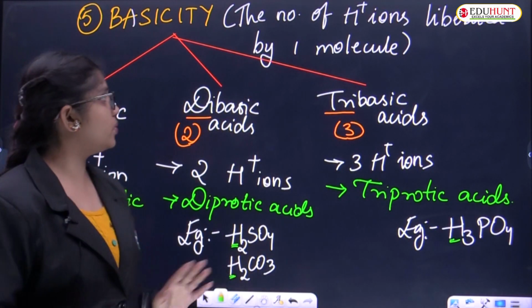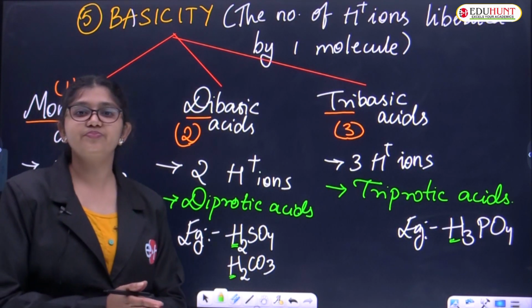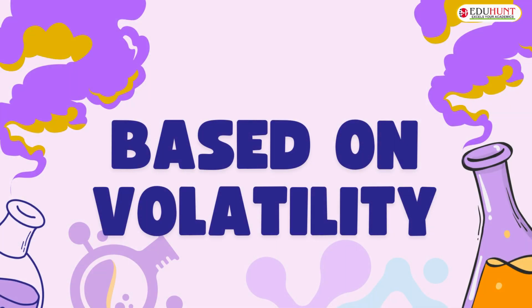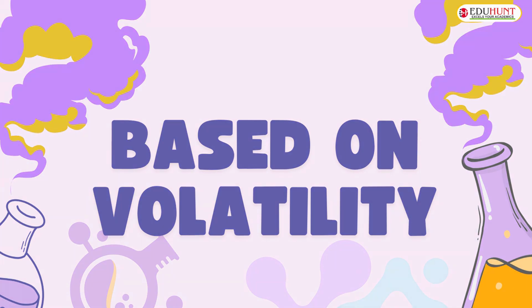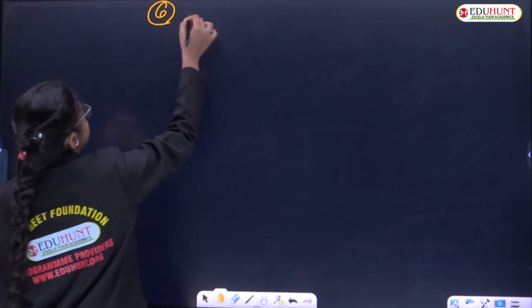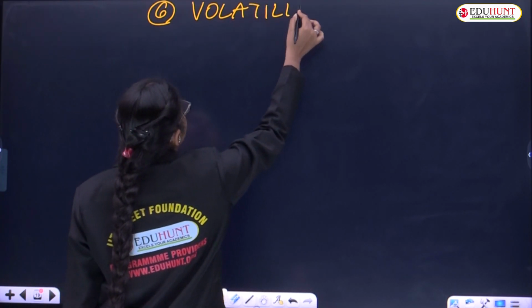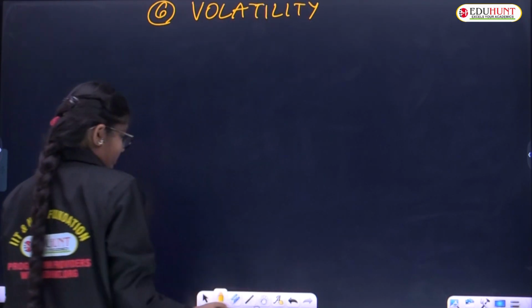Okay. So moving to the next, it is based upon volatility. Very good. The sixth classification is based upon volatility. So what is this? We'll see now.